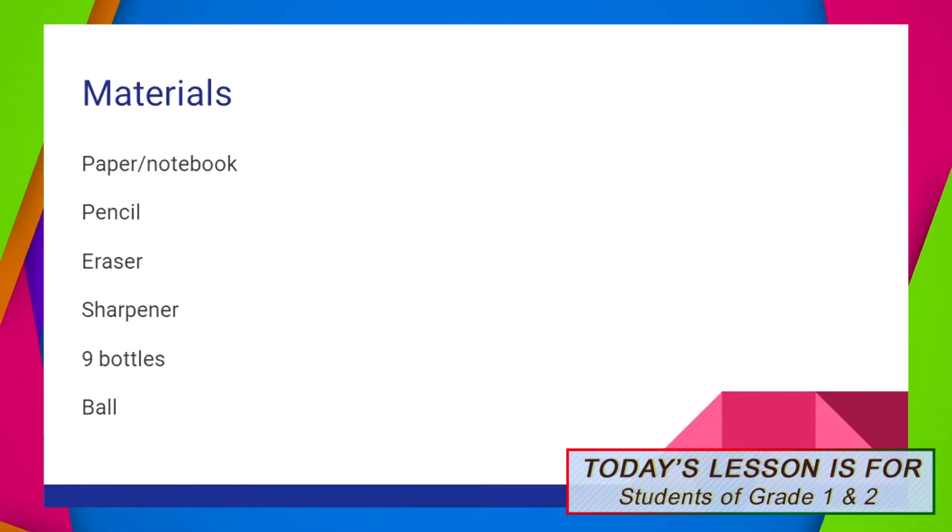Here are the materials you need for this lesson. You need a paper, pencil, eraser, sharpener, 9 bottles, and a ball. Now, you can go find these materials.